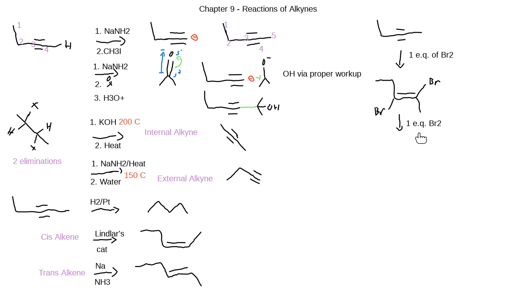So if we add another round of Br2, we are now going to break this double bond and place bromines again opposite to each other. Okay, so nothing fancy here, just going to add bromines on opposite sides. So we are essentially having 4 bromines.